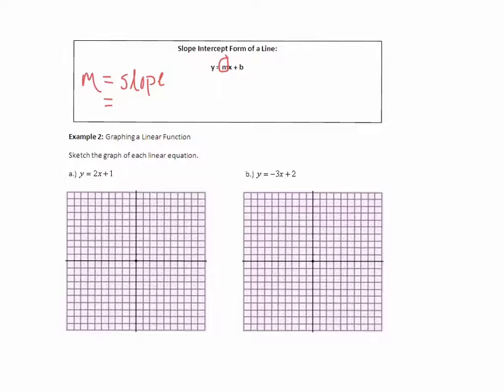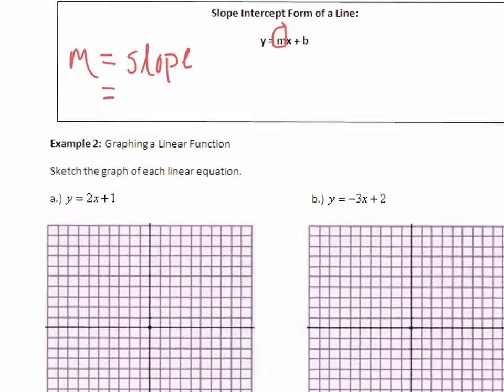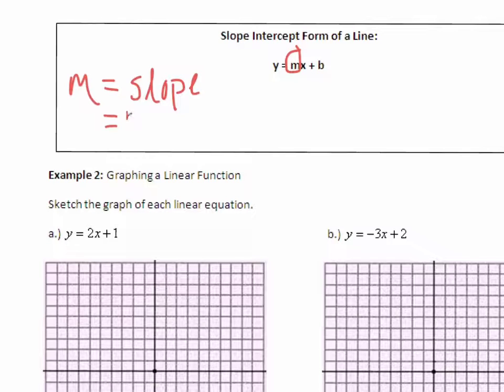Or, some of you might remember I said, say everything. This could also be our rise over run, because it is a change in our y values, our up-down motion, over our change in our x values. That's a little delta right there. That little triangle, delta, means change in.